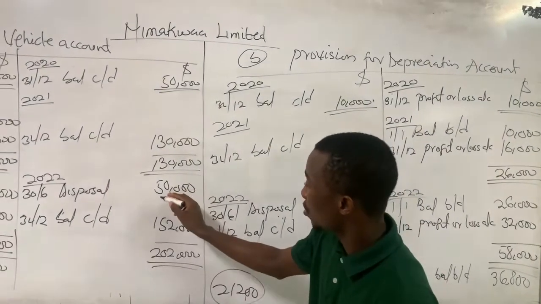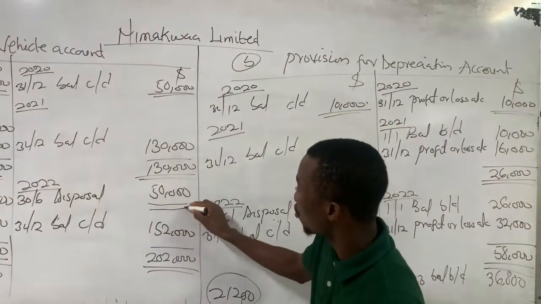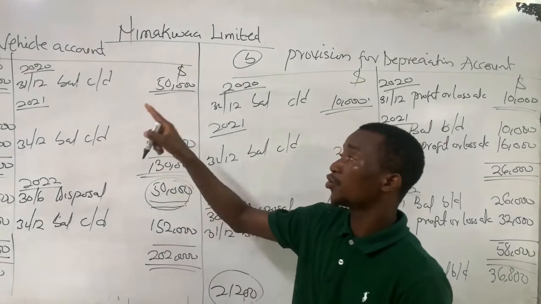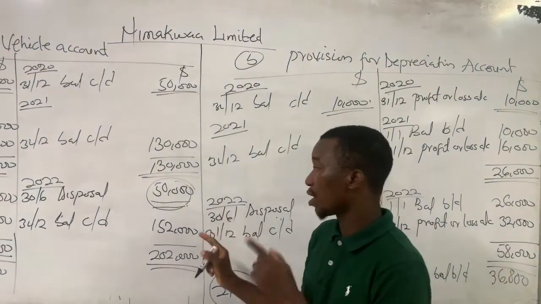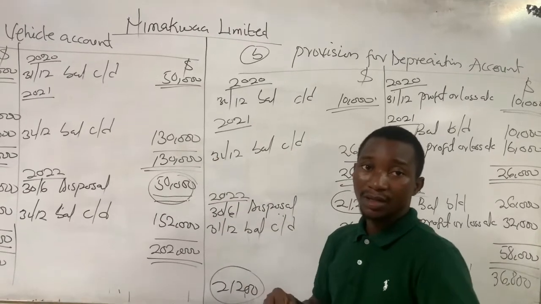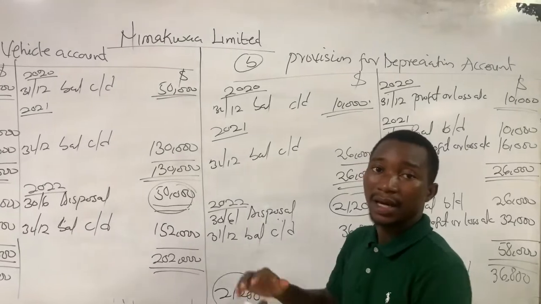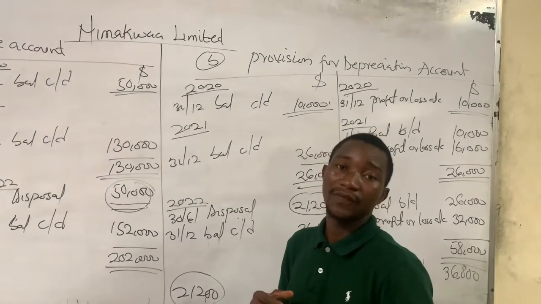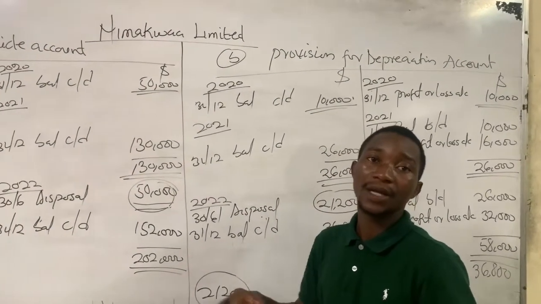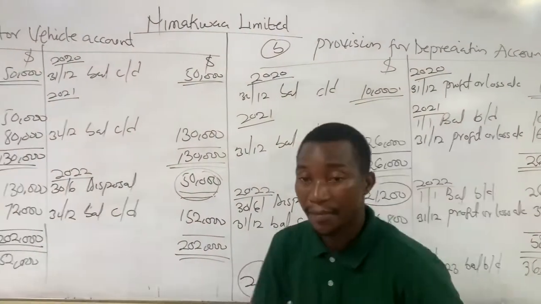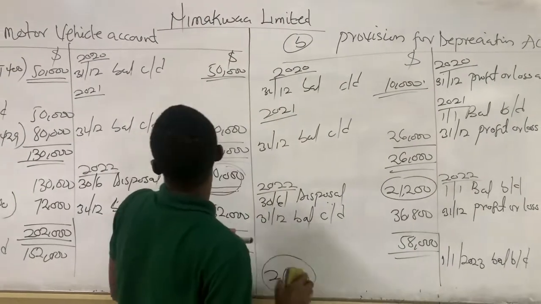And this cost of the asset we dispose of, it is being credited to the motor vehicle account. So in effect, we are going to debit the motor vehicle disposal account with this amount. Is that okay? And we also credit the motor vehicle account with the proceeds to determine the profit or loss made on the disposal.